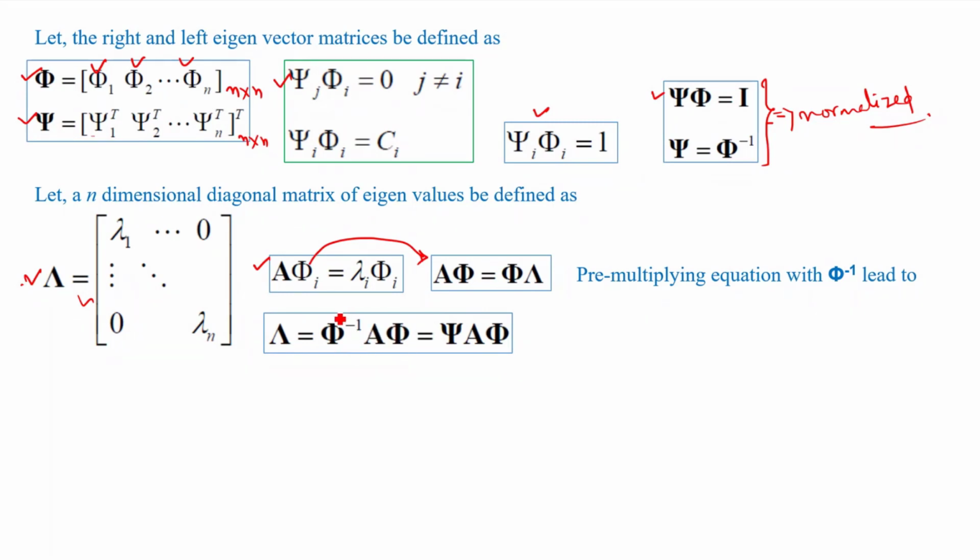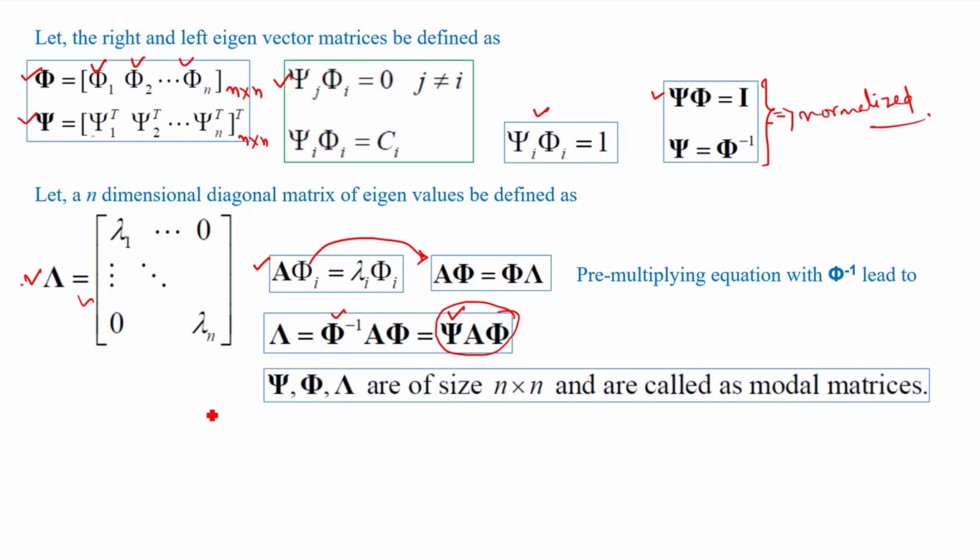Phi inverse is nothing but psi under the normalized condition, so I can write it as psi A phi. This gives the diagonal matrix in which all the diagonal elements are the eigenvalues of the system matrix, or the state matrix.